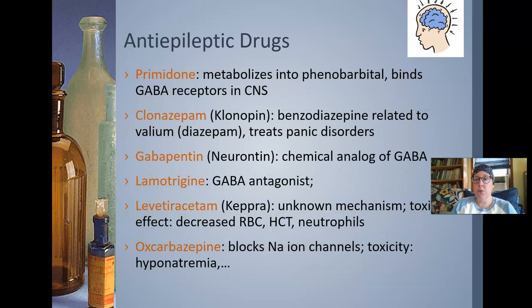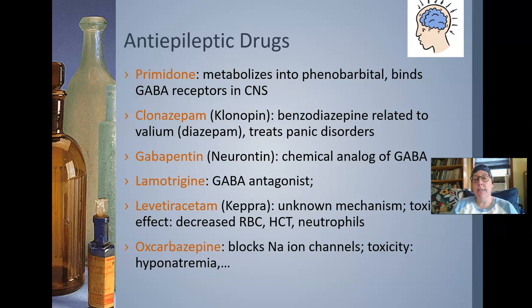Primidone metabolizes into phenobarbital and binds the GABA receptors in the central nervous system. Clonazepam or Klonopin is a benzodiazepine. It's related to Valium, which is diazepam, and it treats panic disorders or anxiety, if you will. Gabapentin is also known as Neurontin. It's a chemical analog of GABA, so it's going to kind of chill people, right?